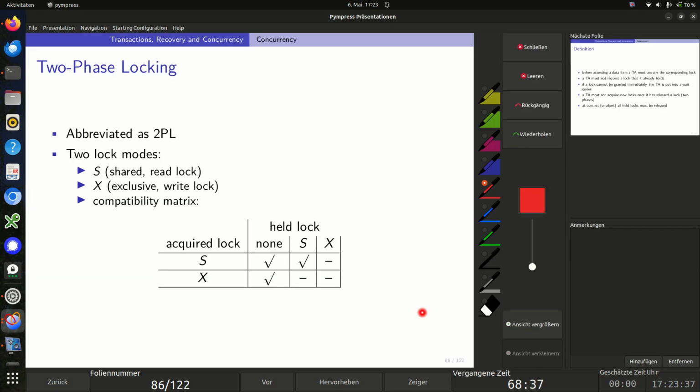Here you see that shared locks are of course compatible with shared locks. But if you want to claim an exclusive lock, there must not exist another lock on this data item.